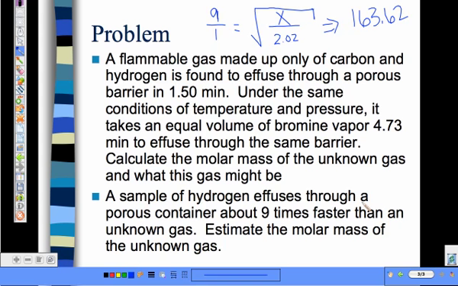I don't know what was up with that first one. I'm going to have to look it up, see if it was a problem in your book or something. It would be grams per mole, yep, because this one is grams per mole.